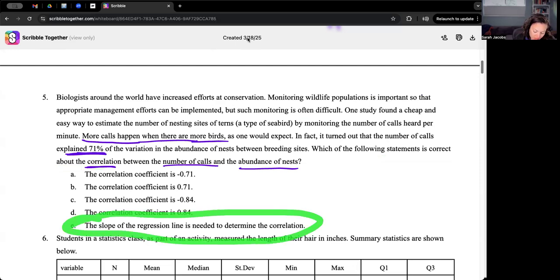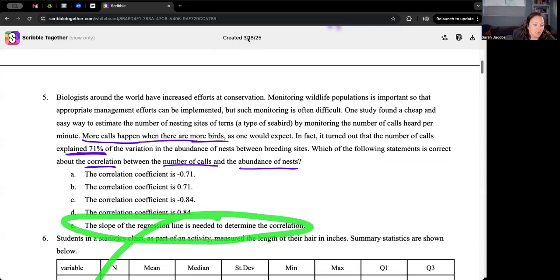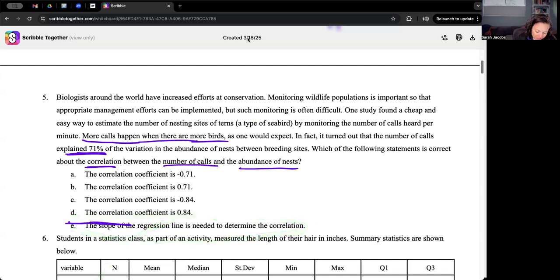Looking at an answer like E, the slope of the regression line is needed to determine the correlation. I'm not going to say that's always wrong, but it's a really nice friend if you're not sure how to do this, to be able to say, oh, well, maybe I just don't have everything I need. That's a pretty good thing to be wary of, right?